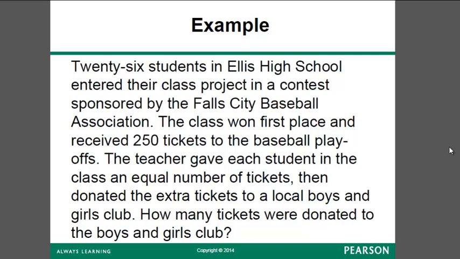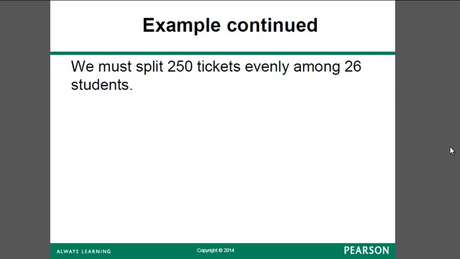Okay. We first need to look at this and say there were 26 students and 250 tickets. So we need to split the 250 tickets evenly among the 26 students. So when we do that, we want to do the long division, 250 divided by 26.